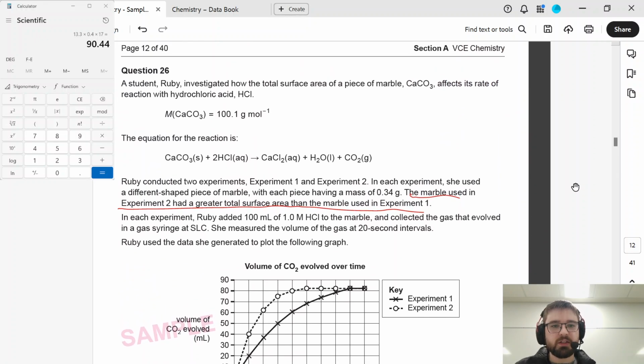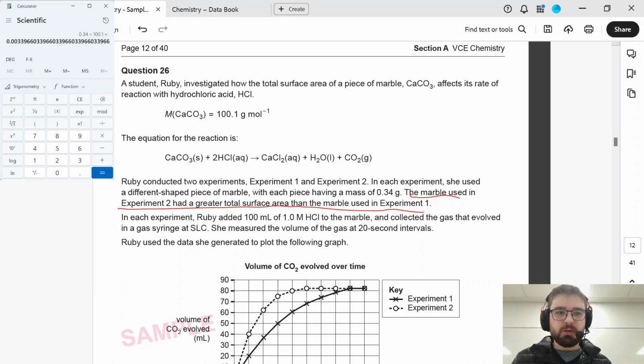Okay, so basically to decide between these, we're going to need to figure out, let me use my calculator instead. So 0.34 divided by 100.1 will tell us the moles of calcium carbonate. Now, the amount of carbon dioxide is the same as the moles of calcium carbonate. So they're the same mole.